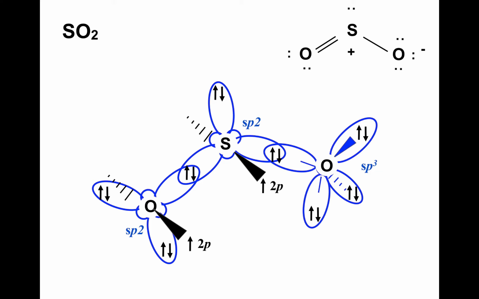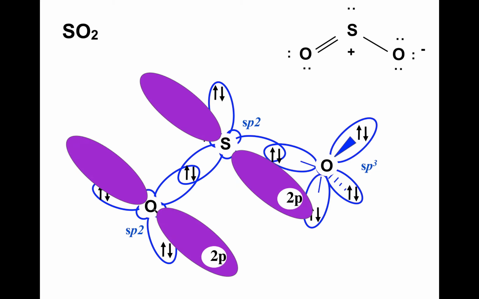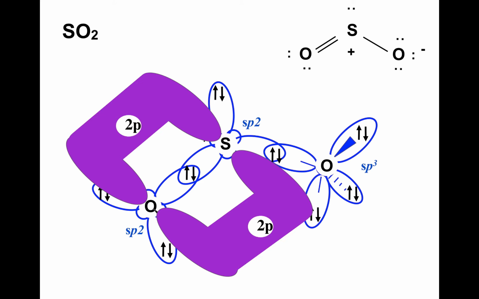Now, the double bond. That's going to involve these unhybridized p's. There's electrons up in these unhybridized p's of sulfur and oxygen. And what they do, a p is a dumbbell shape, is they overlap and they touch above and below the internuclear zone. So there's basically, outside this sigma overlap, touching above and below. So that's what a pi bond is.